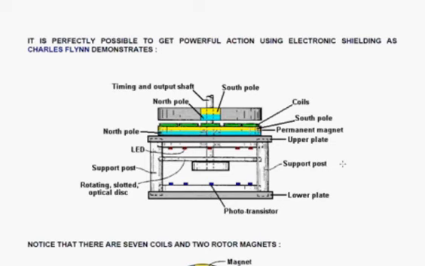There is a very clever user called Charles Flynn, and he demonstrates a way of getting this powerful rotation without having any moving magnets. Now, the way he does that is he takes a disk magnet where the one pole is shown in yellow and one pole is shown in blue. That's going across here. And he has a rotor attached to the output shaft, which is above it.